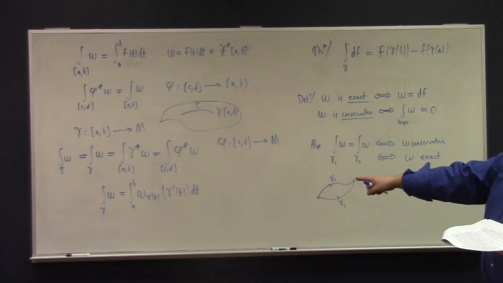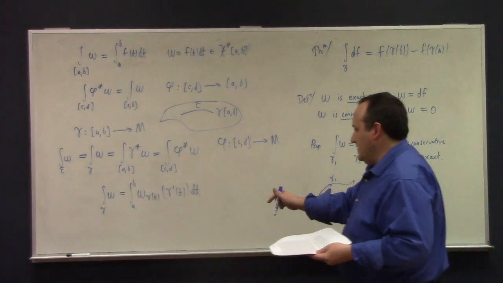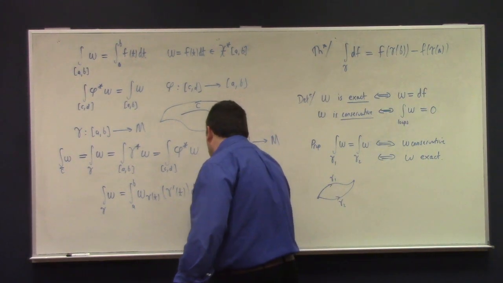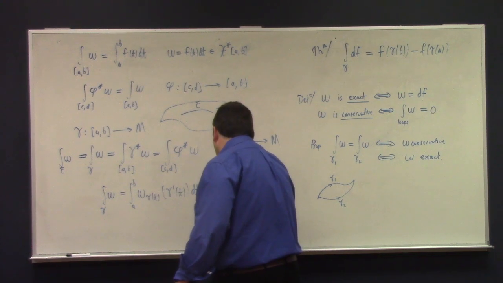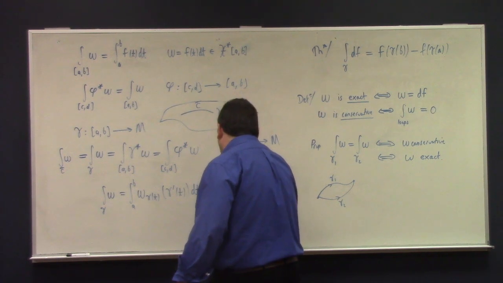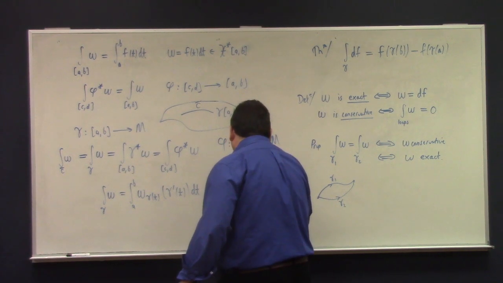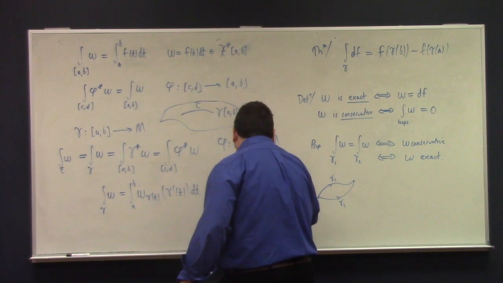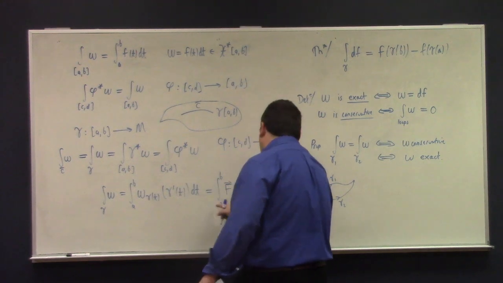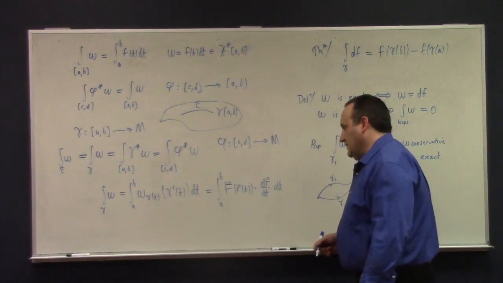Do you see why this is just a line integral in disguise? Contrast this to like the integral from, say, a to b of a vector field F of r of t, this is not in John Lee's book, dotted with dr/dt dt. That's the definition of line integral from Calculus 3.